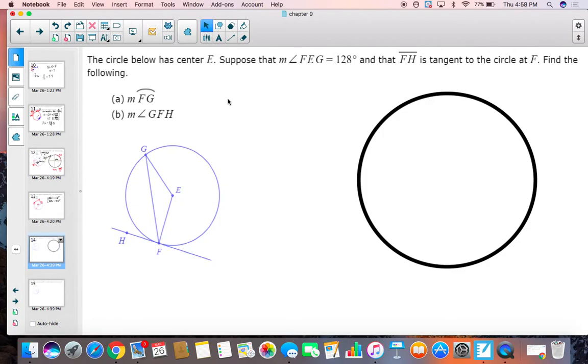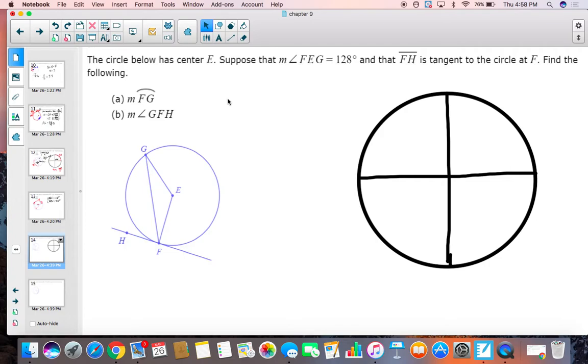So let's say I have a circle and I want to draw in some chords. Remember that a chord can also be a diameter, right? A chord just means that it's a segment whose endpoints touch the circumference of the circle. It could be a diameter, but doesn't necessarily have to be.